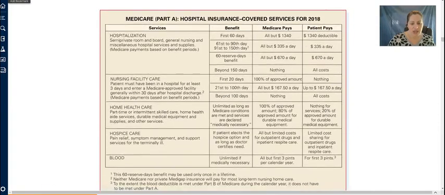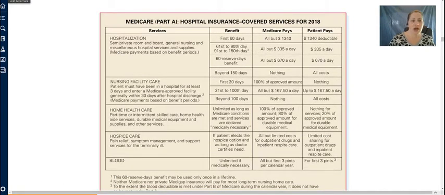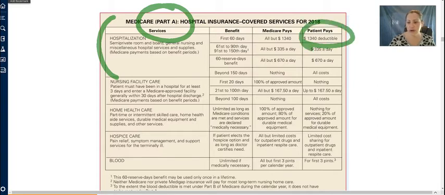Okay. This chart talks about your Medicare Part A benefits. And they don't pay everything. If you're hospitalized, the patient's going to owe $1,340. Now, this is the 2018 numbers.